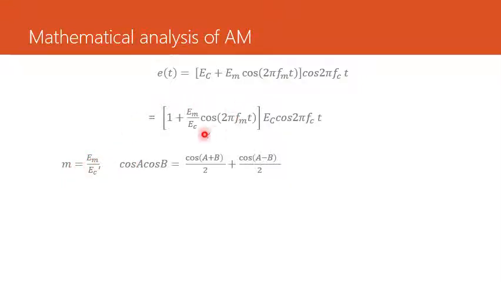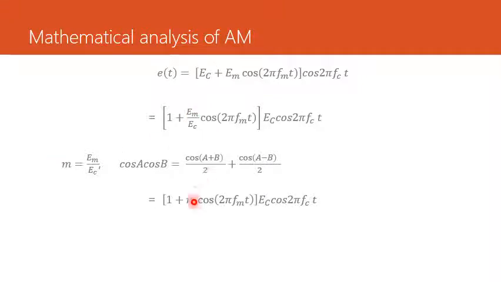For ease of analysis, we use one trigonometric formula, that is cos A into cos B is equal to cos(A plus B) by 2 plus cos(A minus B) by 2. If you substitute this relation, the expression becomes (1 plus m cos 2 pi Fm t) into Ec cos 2 pi Fc t, where Em by Ec is equal to m.